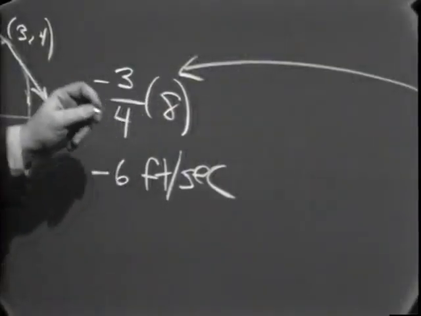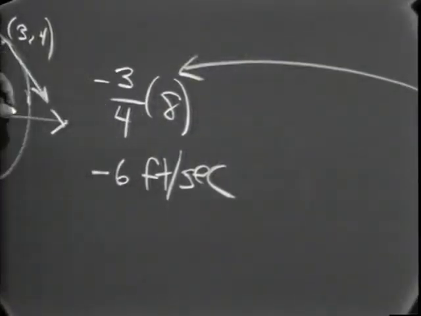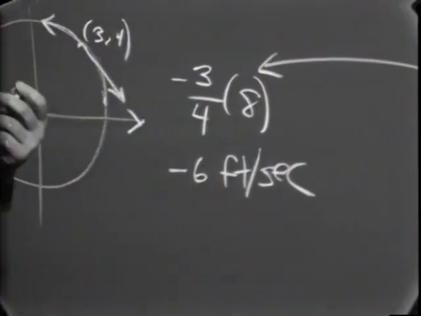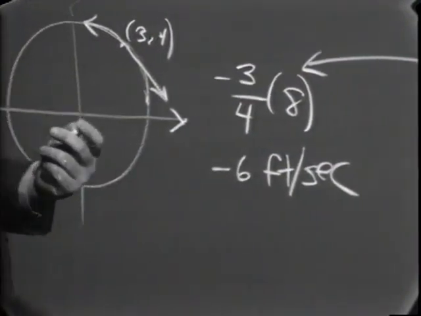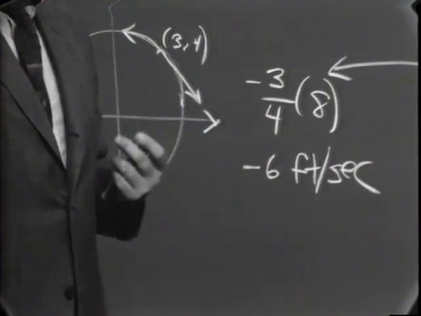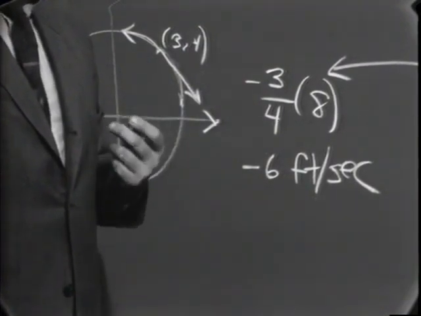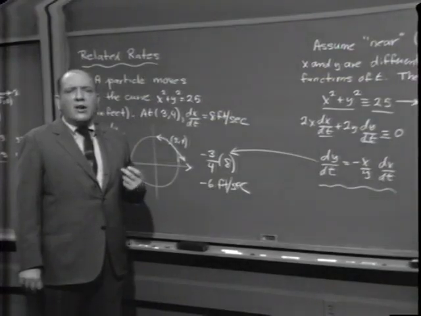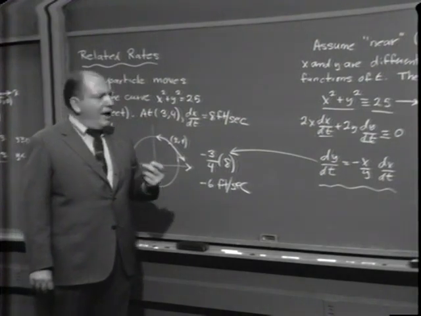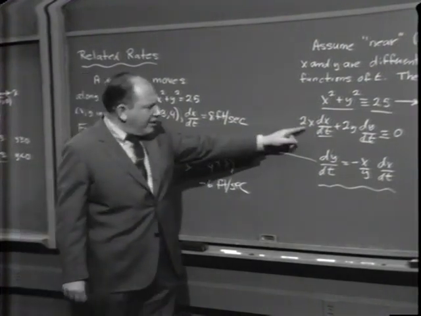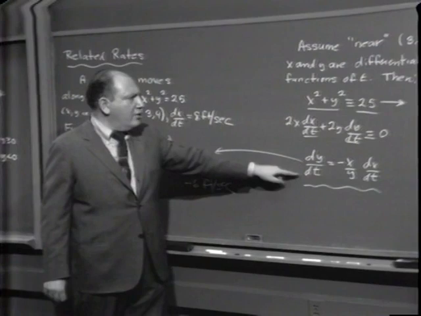The idea was that x and y, as positions of the point, were related by the fact that x squared plus y squared had to equal 25. In other words, this is what we physically call a constraint. And by the way, this is what makes calculus such an important, powerful analytical tool.